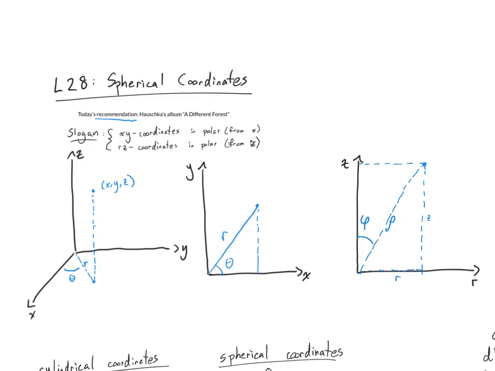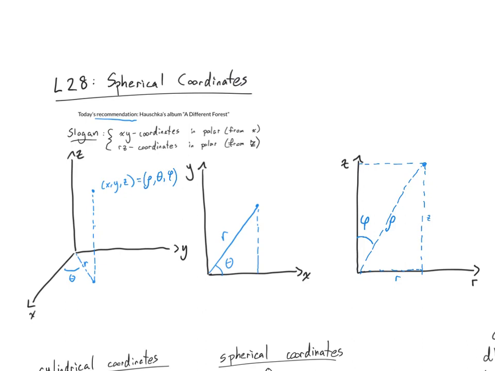Rho is the Greek letter r, so you should think of it as radius, but we're not going to use lowercase r because that's reserved for cylindrical coordinates. So we're using Greek rho. Those are the coordinates of this point. In Cartesian, you write it as x, y, z, and in spherical, you write it as rho, theta, phi.